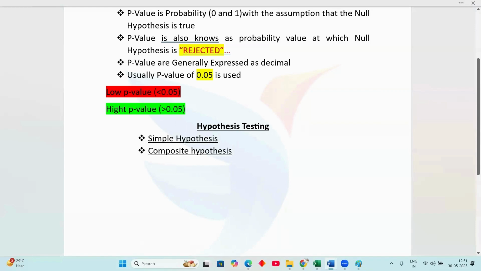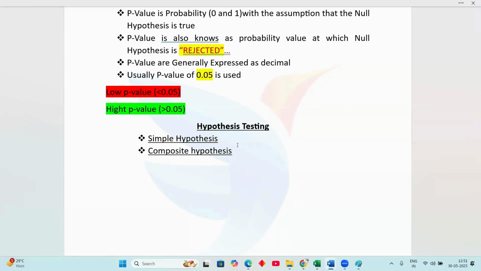A simple hypothesis is one that specifies an exact value of a parameter. In simple words, it assumes we are 100% sure about the exact value of the parameter. At that time we declare it a simple hypothesis.